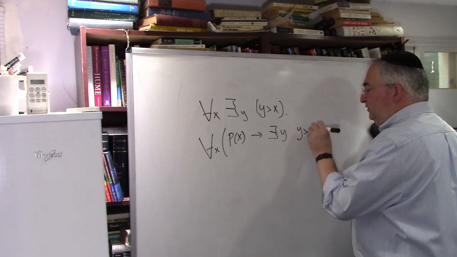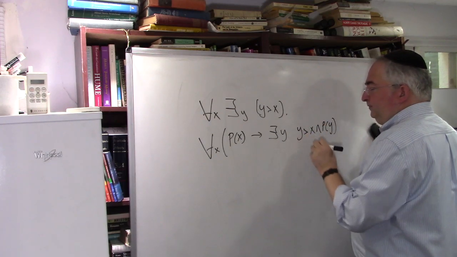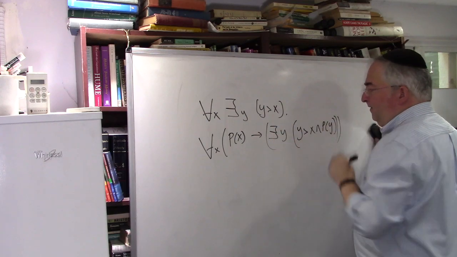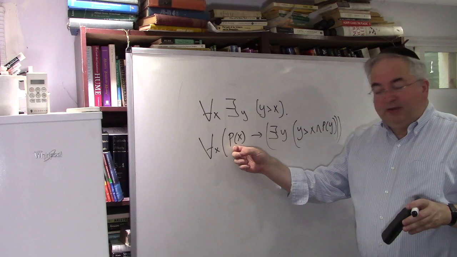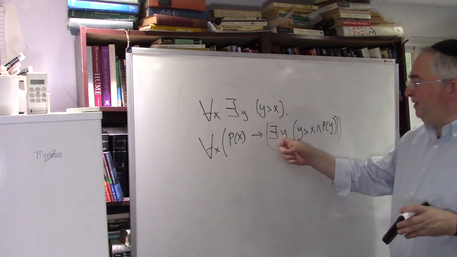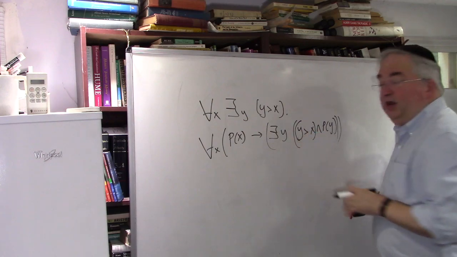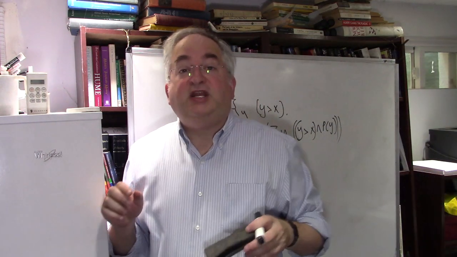For all x, p of x, y more than x, p of y. Look what it says. For all x, if x is a prime, that means there's another number y greater than x, and p of y. There's another number bigger.